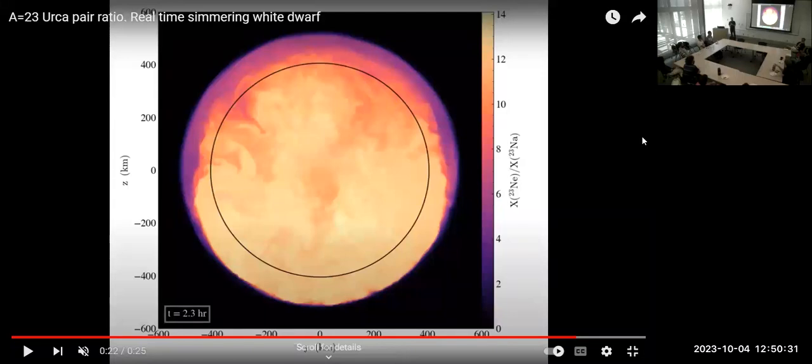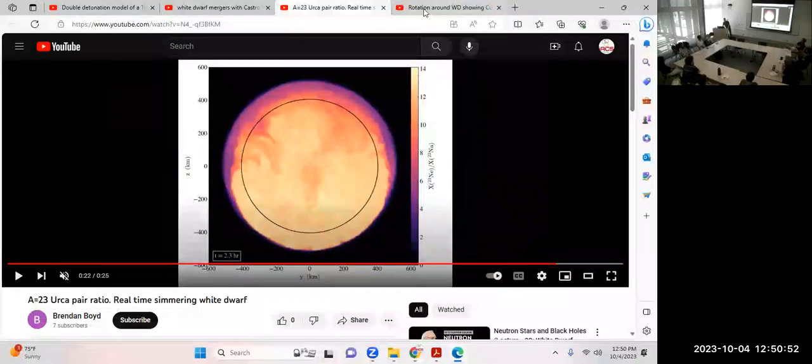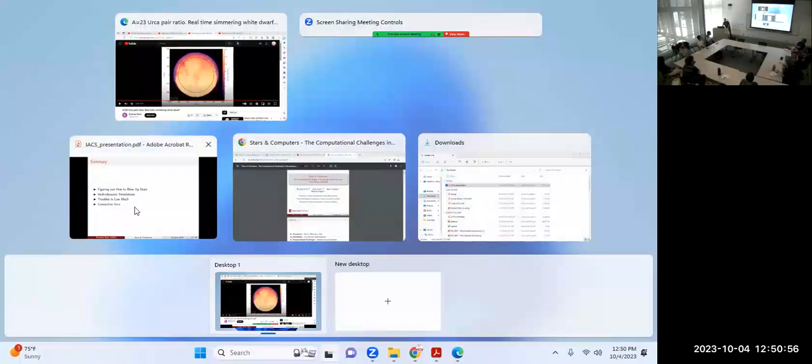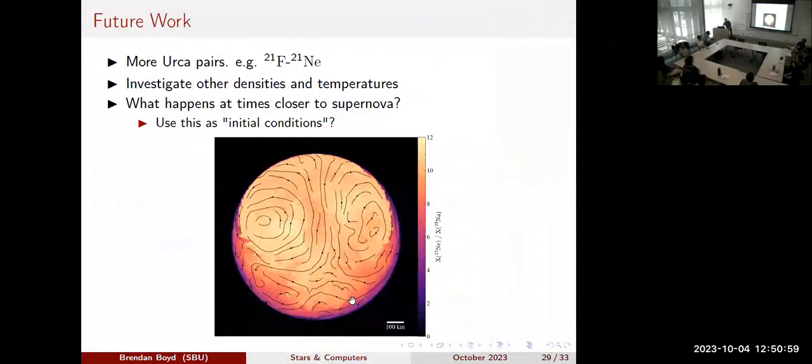Other questions? In this simulation, why is it asymmetrical, like it goes to one side? That is a great question. This has to do primarily with the convection, the shape of the convection itself. I think it's easiest to see here, where I drew some streamlines.